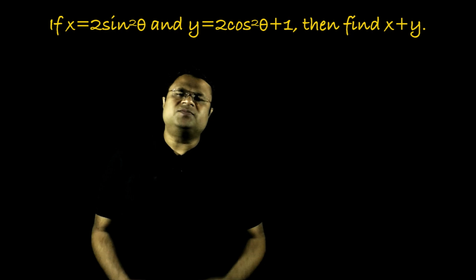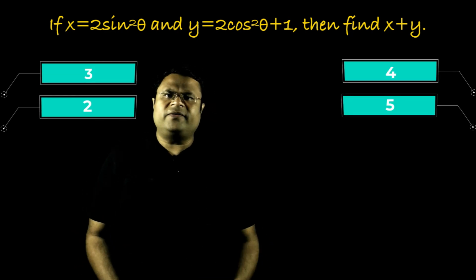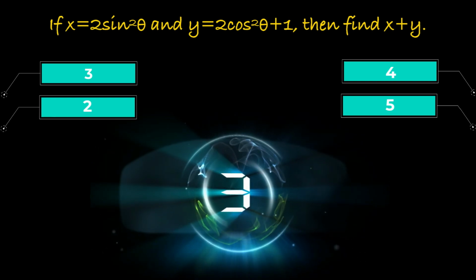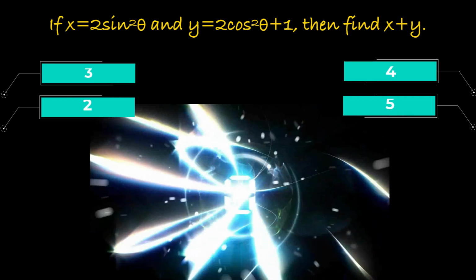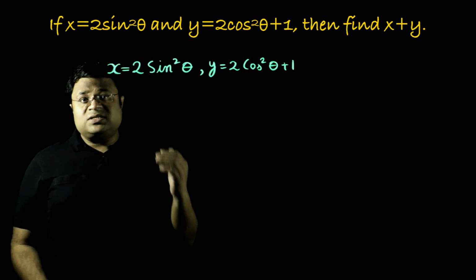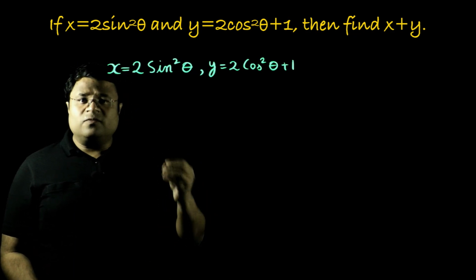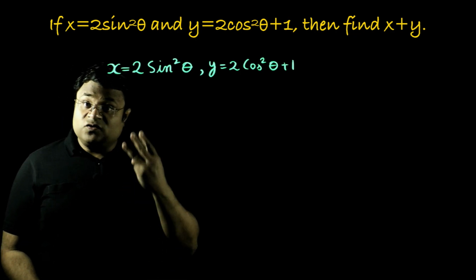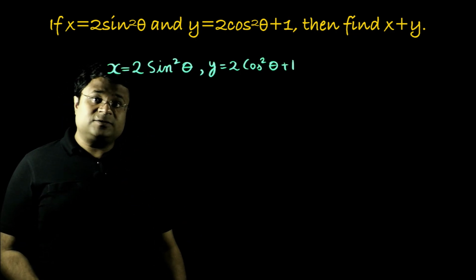Now this question is based on simple trigonometric identities. Okay, so this is a very simple question of basic use of trigonometric identities. Now we have three standard trigonometric identities.